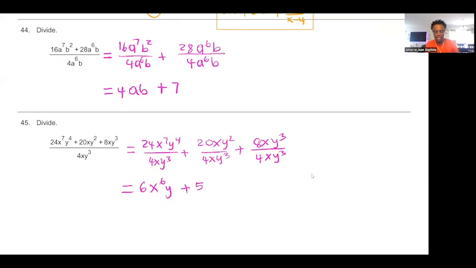X has the same exponent, cancels each other to 1. And then y squared on top, y to the 3rd in the denominator. We move the 2 down to subtract with 3, and then you got a y in the denominator. And then last, plus 8 divided by 4, that's 2. Same exponent, so that's just 2 for that.